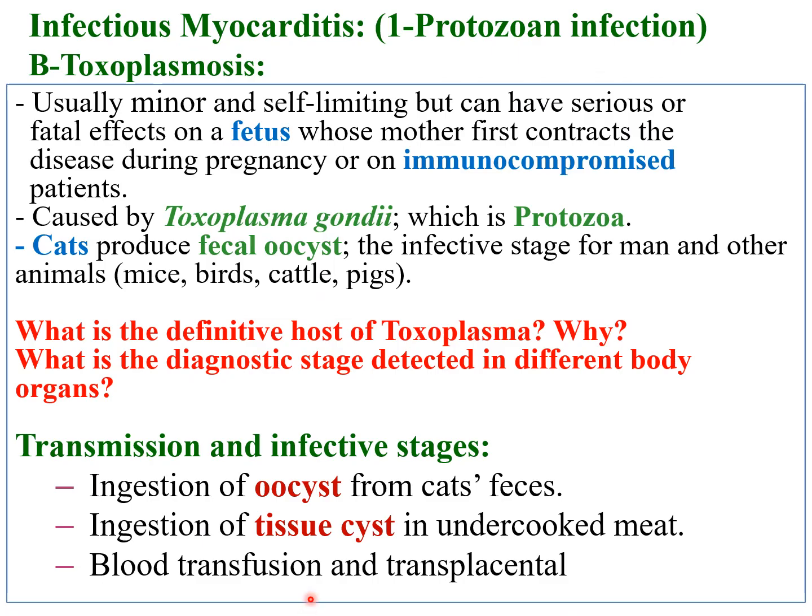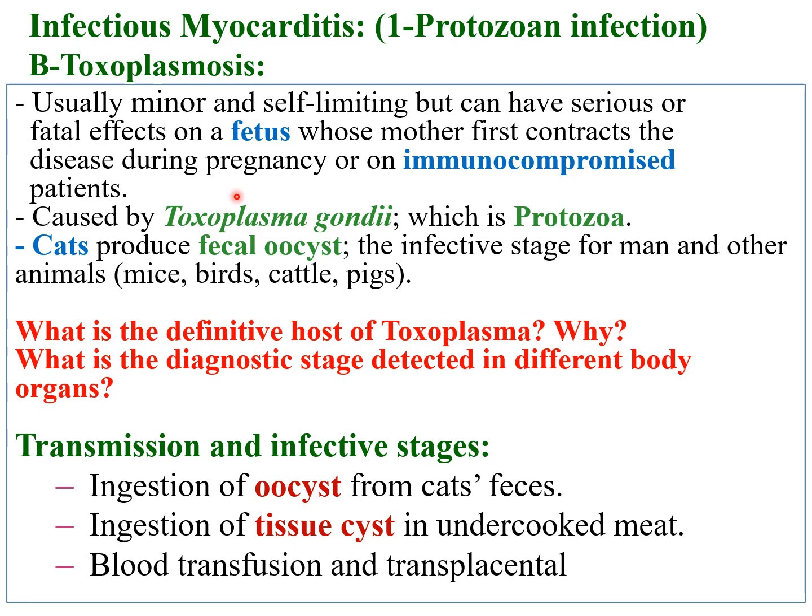We are still talking about infectious myocarditis, still talking about the protozoal causative agents of myocarditis, and this time the protozoan is Toxoplasma gondii, the causative agent of toxoplasmosis. Toxoplasmosis is usually a mild self-limiting disease, unless the patient who acquired the protozoa was immunocompromised, or was a fetus inside the uterus when his mother contracted the protozoa for the first time in her life.